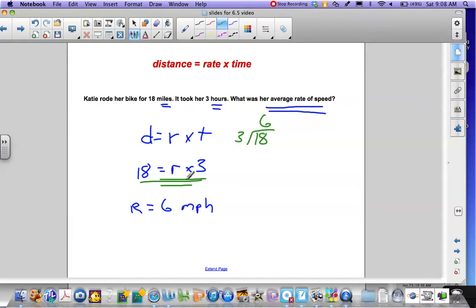Another formula that you can use, we can change this formula around. When you're looking for the rate, you can divide the distance by the time. So she went 18 miles, took her 3 hours, she was going 6 miles per hour.